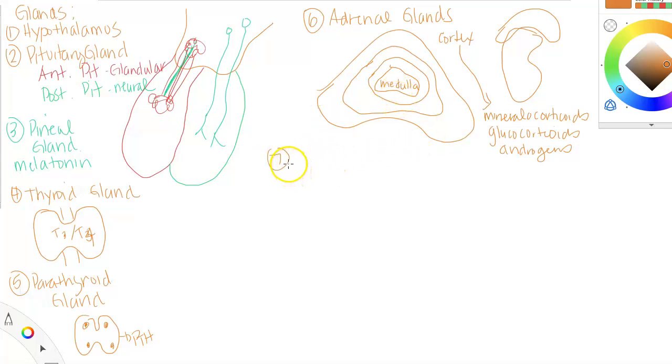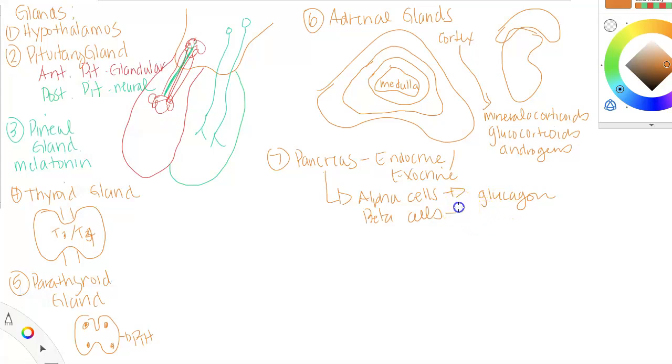The next one is the pancreas. So the pancreas is both endocrine and exocrine. So it has a small area in it that is endocrine. It's called the islets of Langerhans. So these islets contain cells, so alpha cells, that secrete glucagon, and beta cells that secrete insulin.